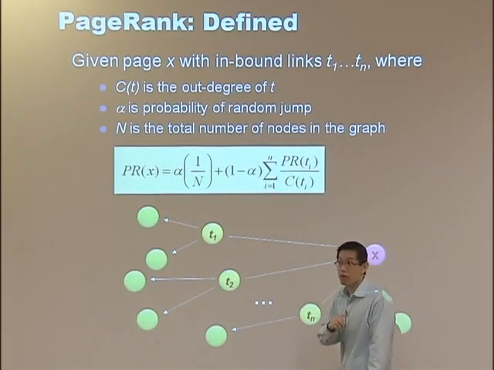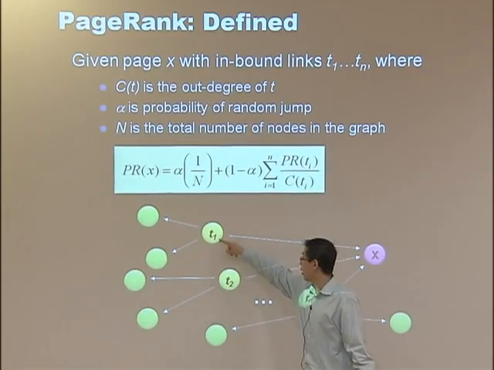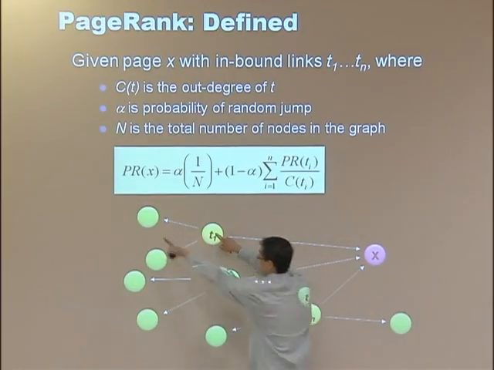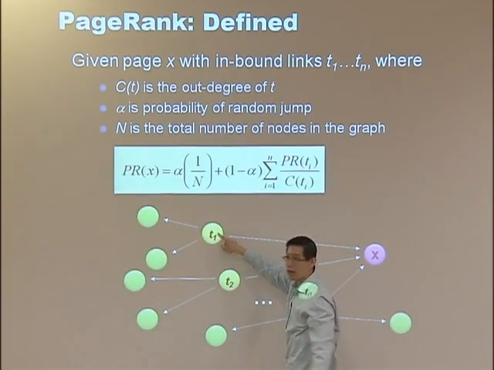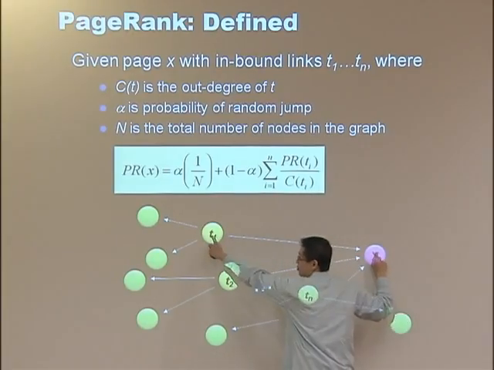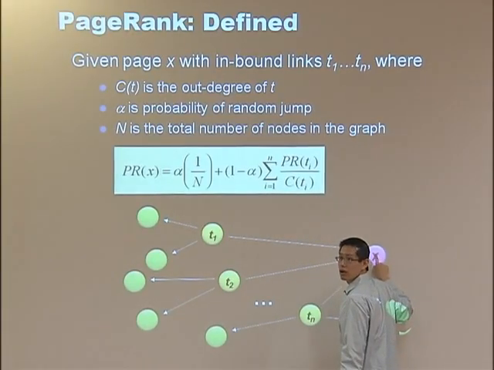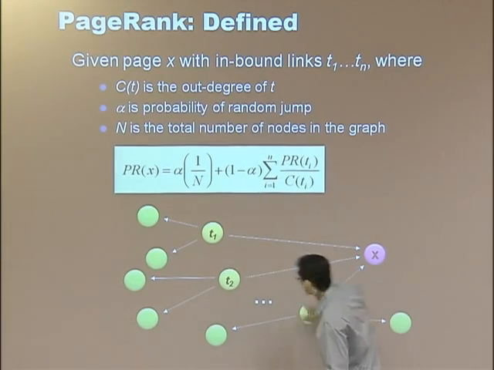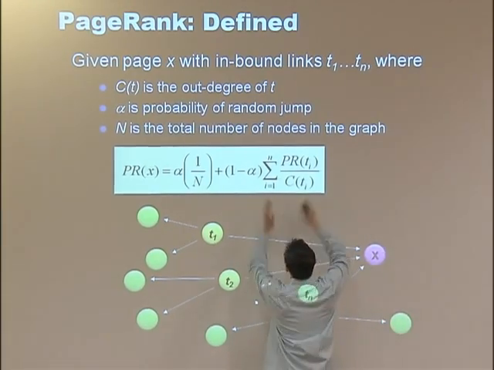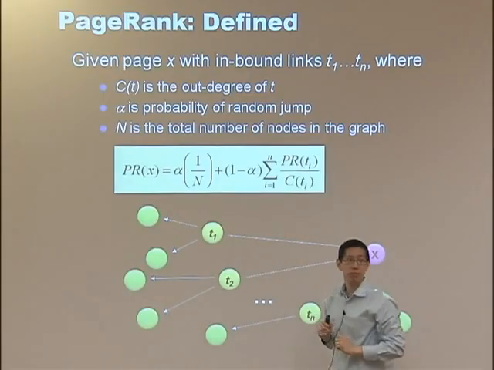So then, therefore, you take the PageRank value of this guy, you divide it by the number of outlinks, 3, and this is the PageRank contribution that X receives from T1. And you simply sum over all the nodes that are pointing into X. That's the summation part right here.